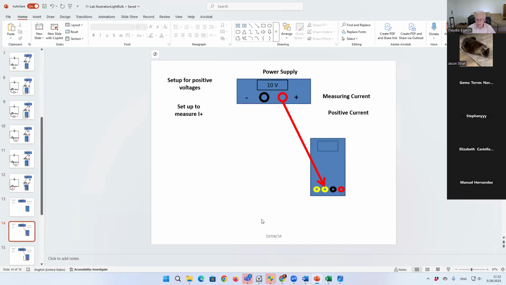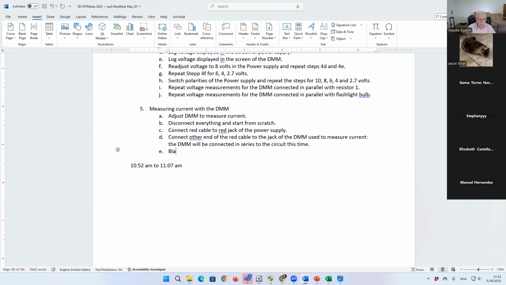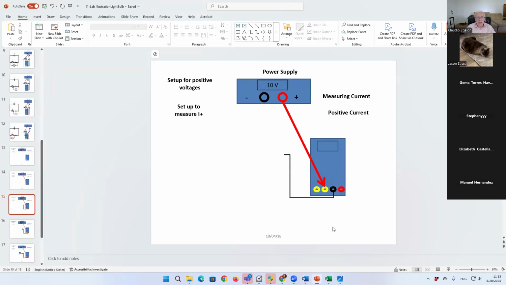Going back here, black cable to the black jack of the DMM. And now connect to the resistor and the light bulb that are in series, and you close the circuit.